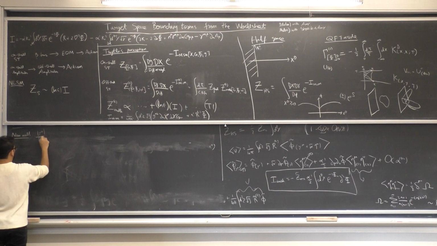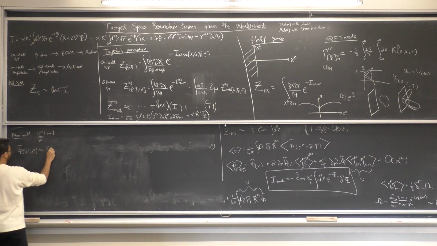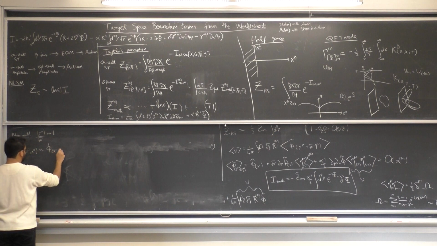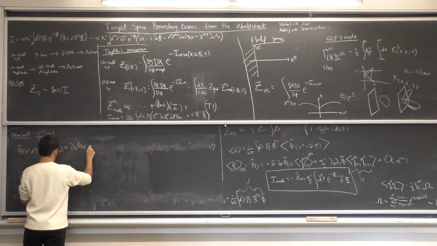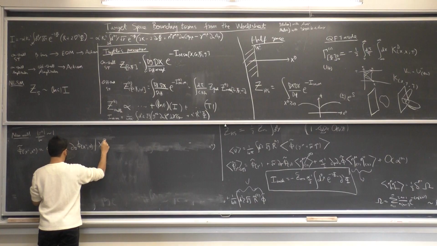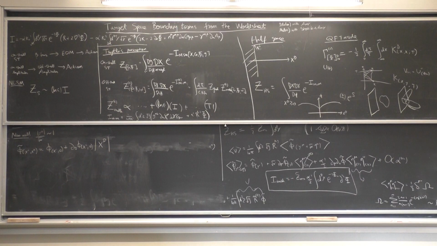near to the wall, the profile of the dilaton is roughly this. This is a mod function near the wall because of the reflection.